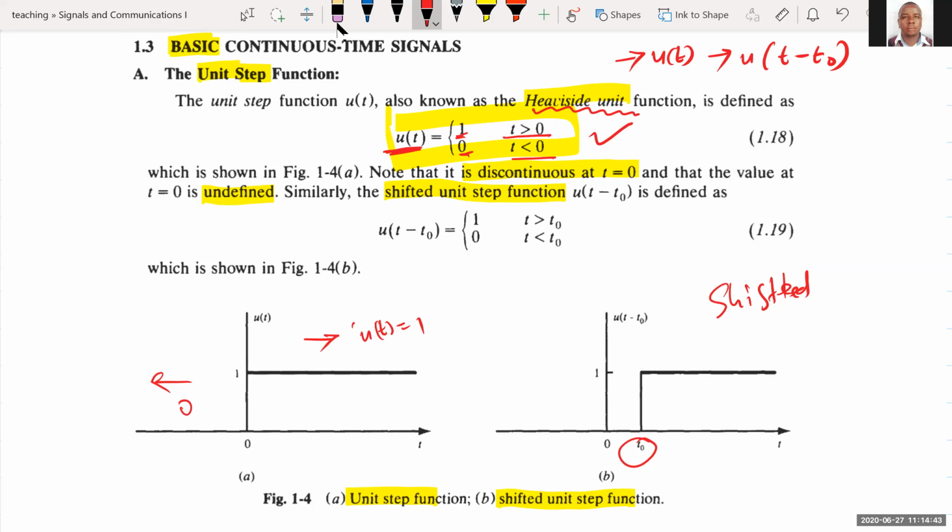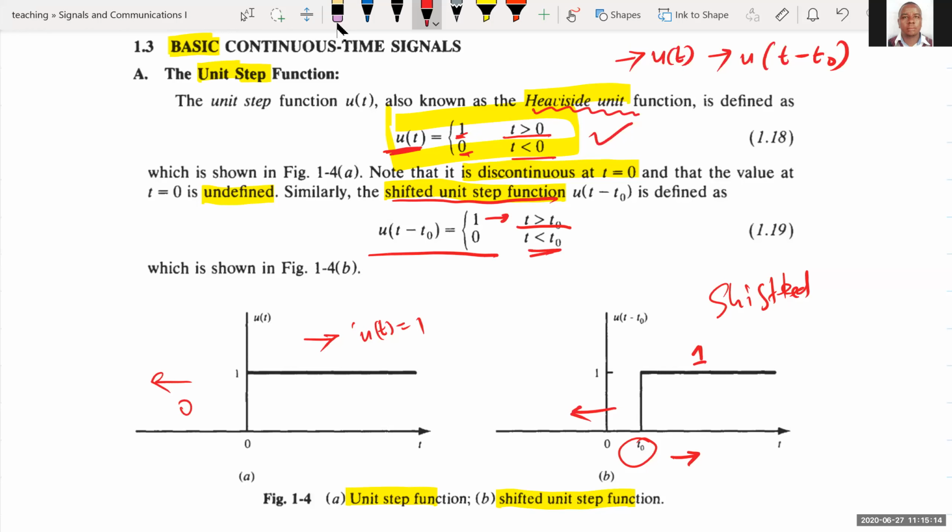And for the sake of illustration, a shifted unit step function has value equal to 1 for t bigger than t naught. That is the alternative definition. It will have a value of 0 for t less than t naught. So as expressed at that point.